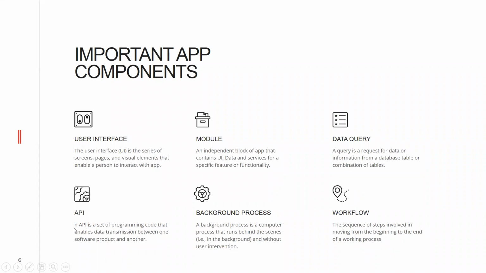And then there are APIs. What APIs typically do is they transmit the data between different applications. So for example, you have a Google Map that you are integrating in your application. You need information from the Google Map and display that in your application.